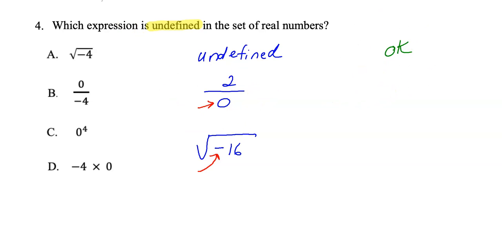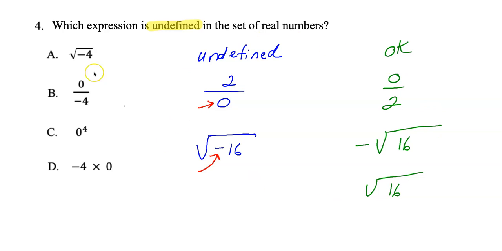If this is flipped around, if you had 0 divided by 2, it's okay if you have a 0 in the numerator or on top. Or if you have a negative on the outside of the square root, this is okay too. This is not undefined. And the square root of positive numbers is perfectly okay as well.